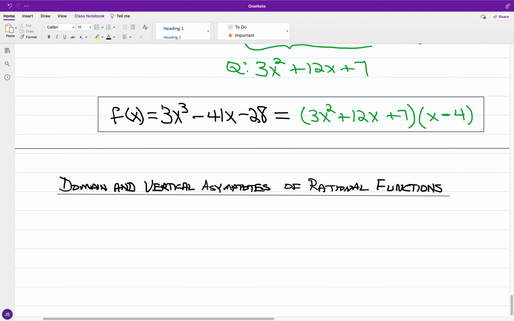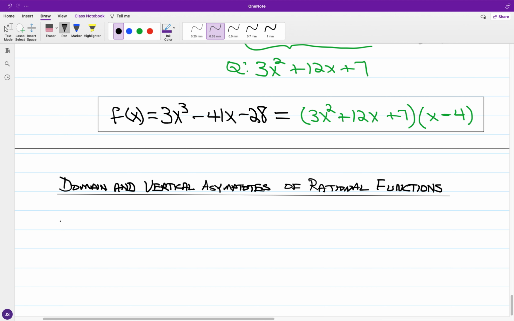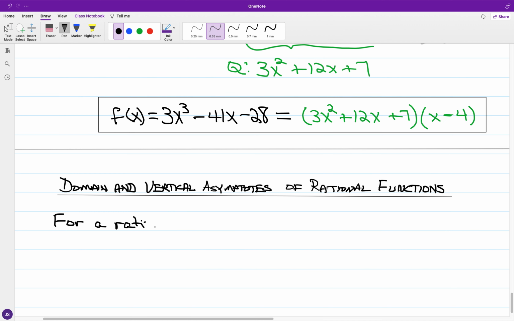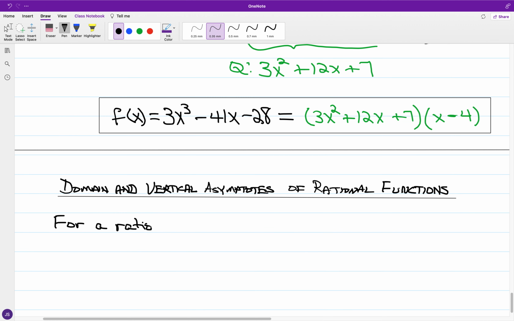Okay, now for domain and vertical asymptotes of rational functions. Say we have a rational function r of x.